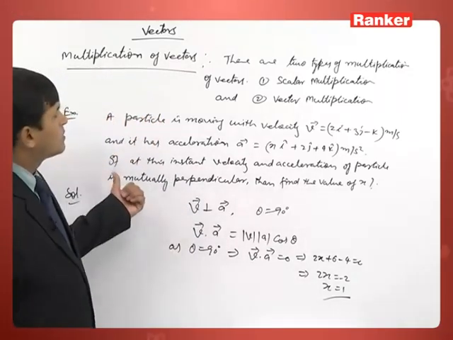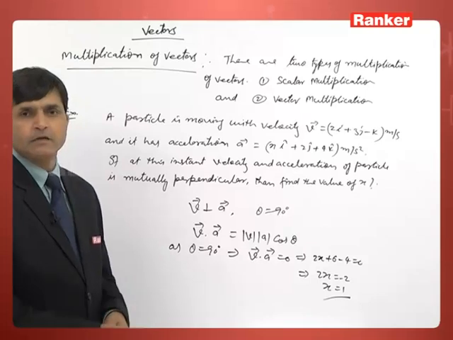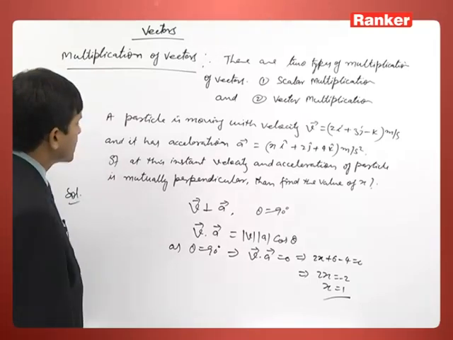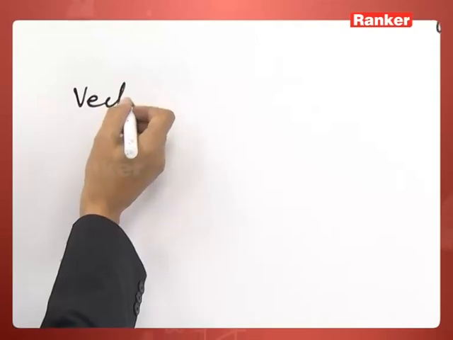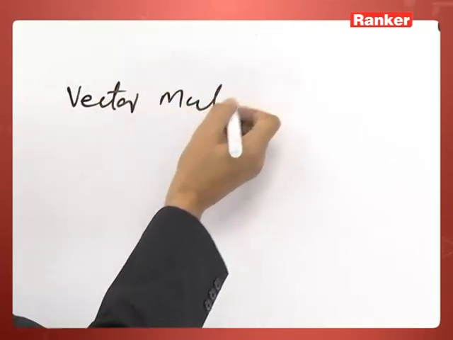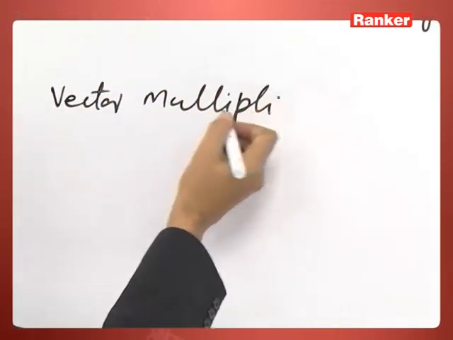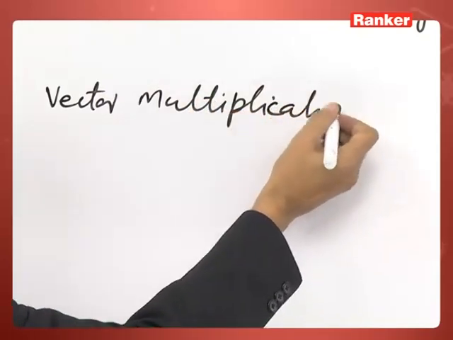Now, come to the vector multiplication, and that is also called cross product. Next is the vector multiplication.